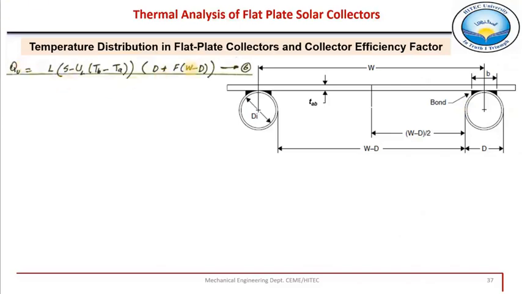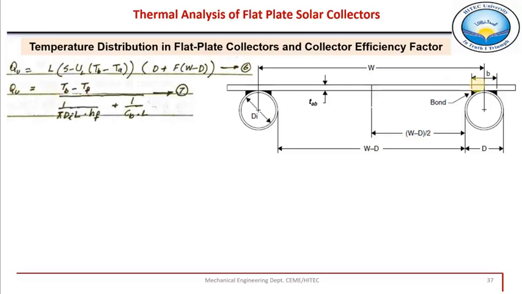So here is the net heat gain of the absorber sheet over this tube, and second is the heat transfer from this T_b to this T_f. So now we have these two equations, and now we want to somehow get rid of this unknown base temperature.